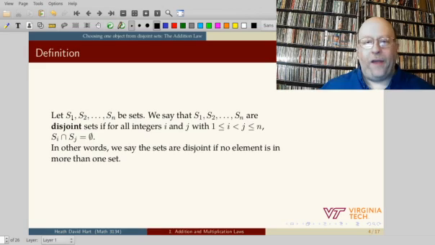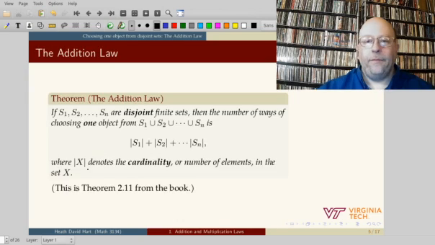If we have a set of sets, we say that they are disjoint sets if no matter which 2 sets we pick in this group, the intersection of those 2 sets is the empty set. So we say these sets are disjoint if no element is in more than 1 set. And if we have disjoint finite sets, then the number of ways of choosing one object from the union of those sets is the number of elements in S1 plus the number of elements in S2 plus so on and so forth, where the absolute values denote the number of elements in the set.